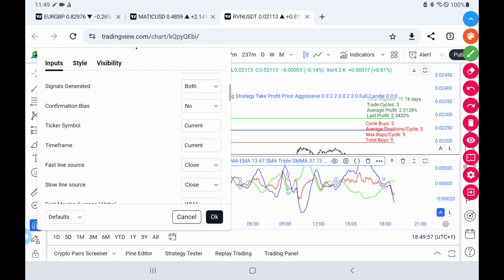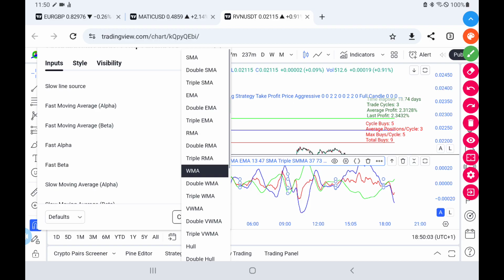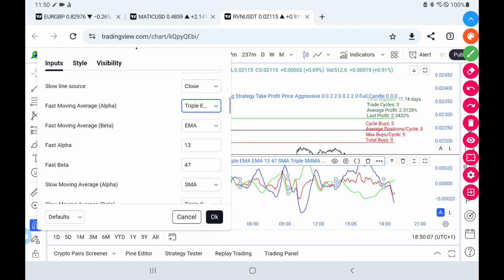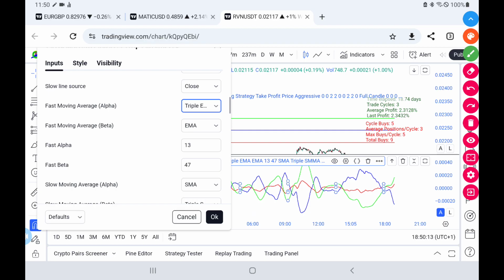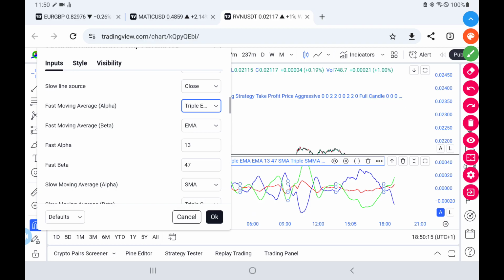Let's take the compound MACD. Let's give it a triple EMA for the fast alpha, and we have an impact immediately on the statistics.